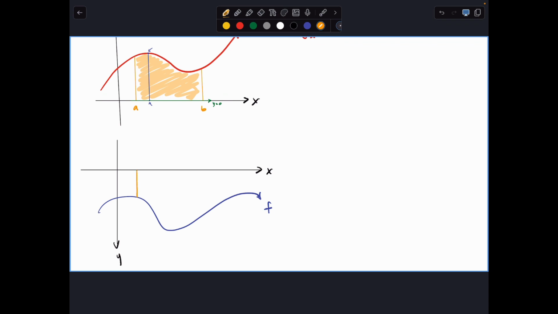So let's say you're asked to calculate the area bounded by the curve and the x-axis on the interval from A to B. Again, we would want to be thinking about calculating this area. Now, if we were just talking about the integral from A to B of f in this case, would that represent area?